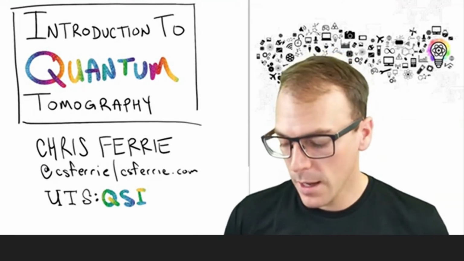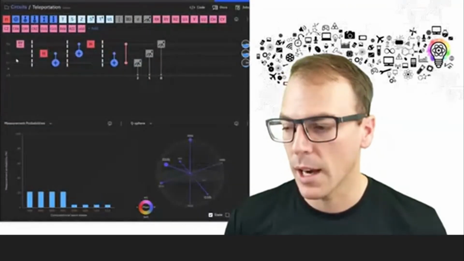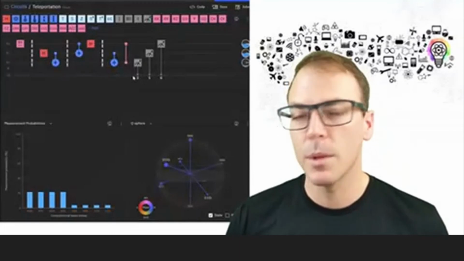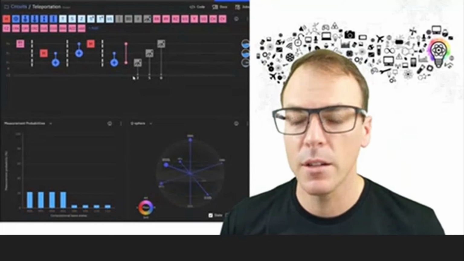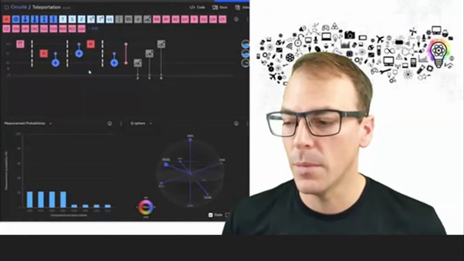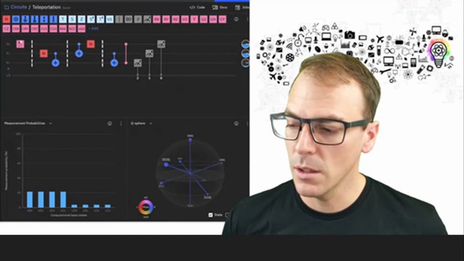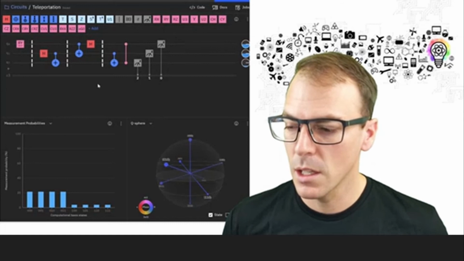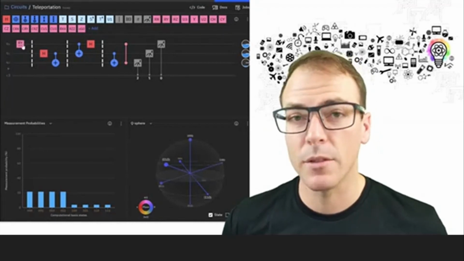If I am IBM and I want to improve upon what's happening here, I want to create a device that, when somebody sends me this circuit, it actually happens as desired. Then I need to characterize all the things that might go wrong, all the things that are going wrong in the device. If you're familiar with quantum circuits, then you'll know that time goes from left to right.